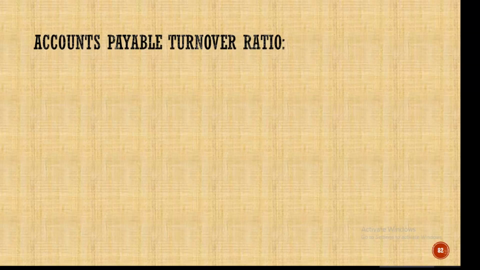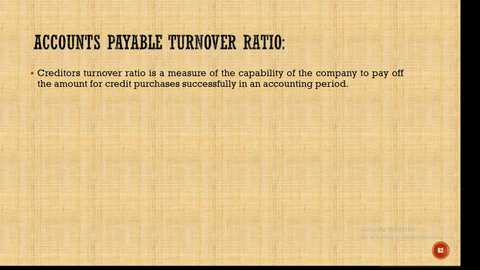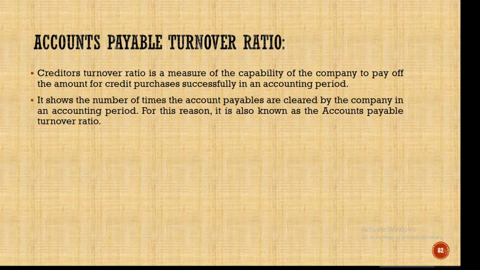Next is account payable turnover ratio. It is also called creditors turnover ratio. It is a measure of the capability of the company to pay off the amount for credit purchases successfully in an accounting period.